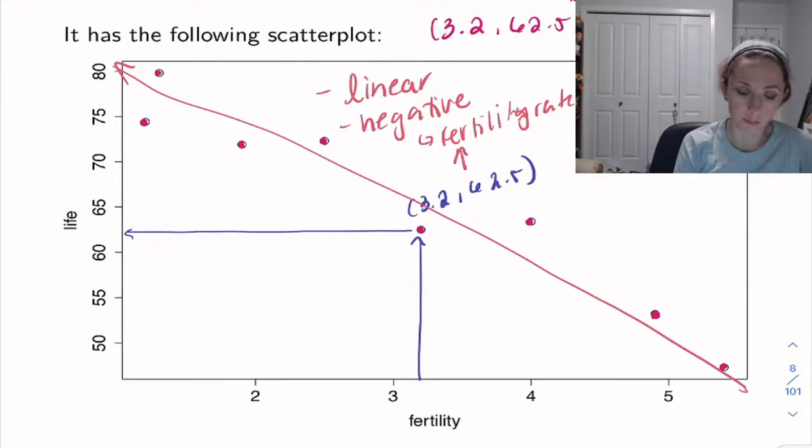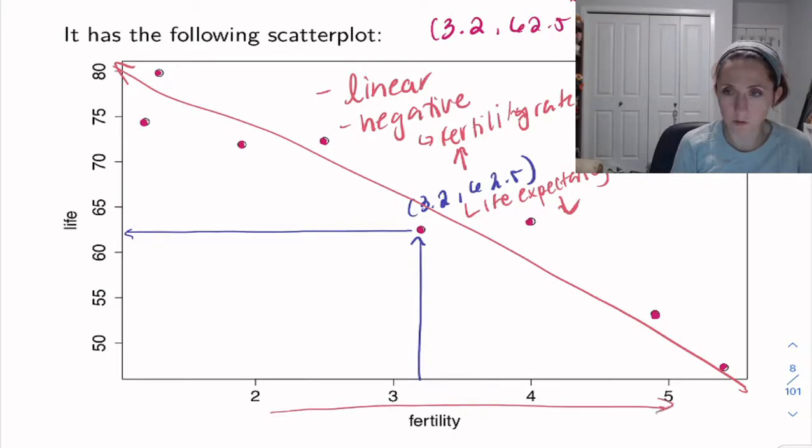My life expectancy is going to go down. They move in opposite directions from one another. So as my X goes up, increasing from 2 to 5, my Y is going to go down. It's going down from 80 to 50. When they move in opposite directions, we'll call that a negative relationship.